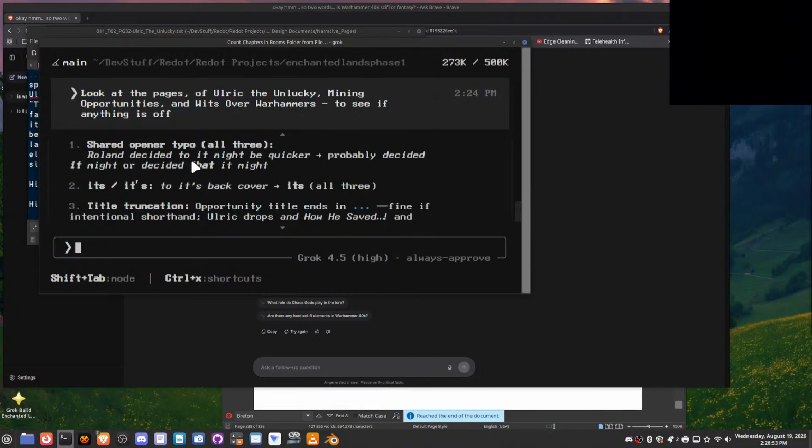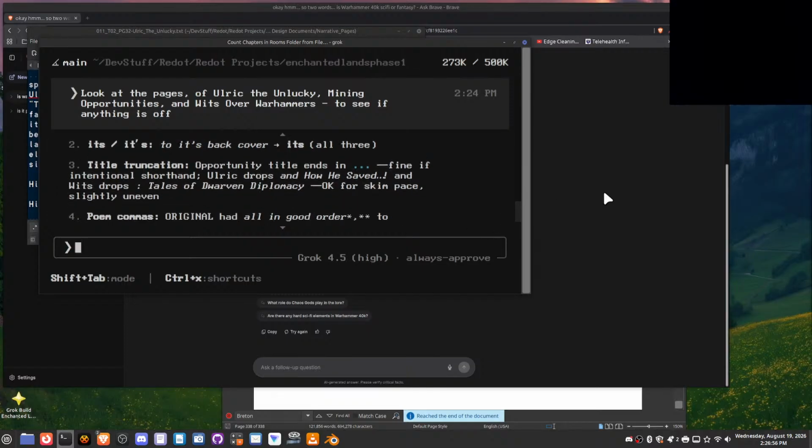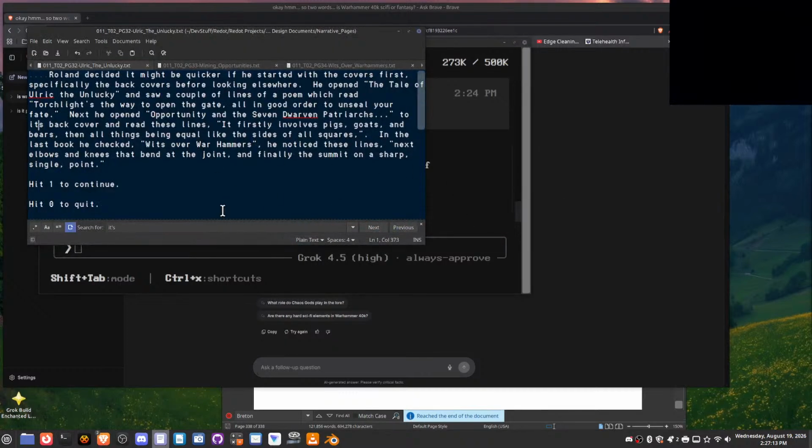These are just typos though, honestly. Find a potential shorthand. Just gonna be slowly uneven. Seven Patriarchs. Wits over Warhammers. We're going to do that.